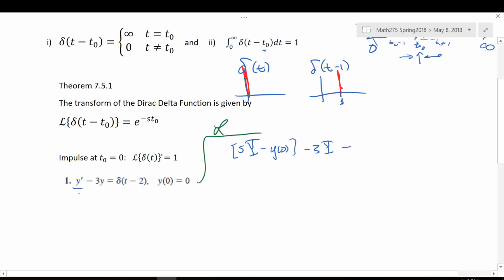So this is where we get to use the delta function now. And that's equal to e to the negative 2s, because we're in the Laplace world now.